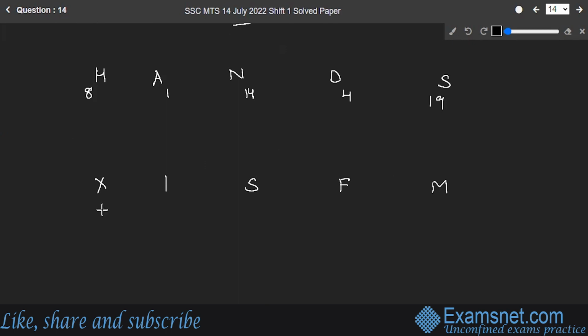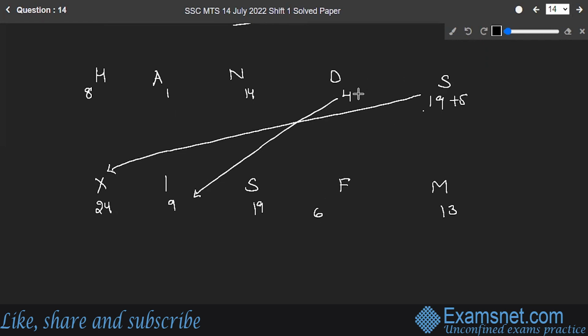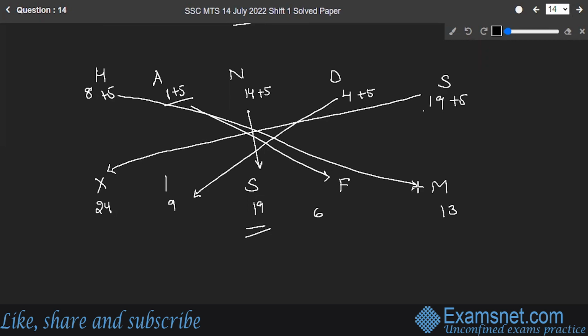X is at 24, I is at 9, S is at 19, F is at 6, M is at 13. Correct? So 19 plus 5 gives you 24. 4 plus 5 gives you 9. 14 plus 5 gives you 19. 1 plus 5 gives you 6. 8 plus 5 gives you 13. So we are again moving in the cross manner.